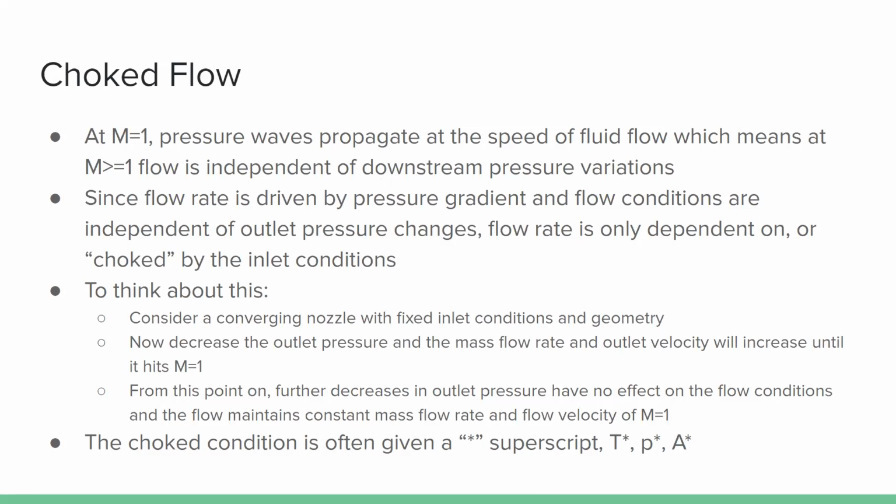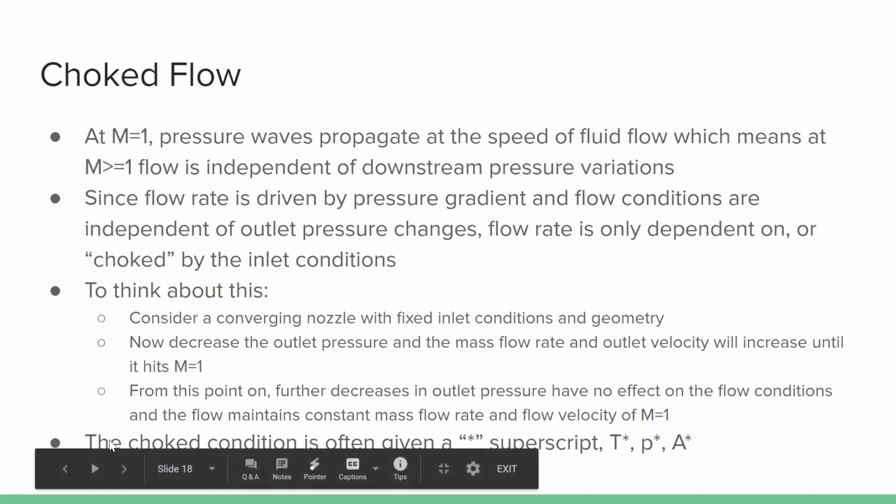Basically, it's called choked flow because only the inlet conditions are affecting the flow rate. Only a change in the inlet conditions will end up changing the flow rate. If you increase the pressure, all it'll do is increase the density of the flow, but it'll still be the same Mach number.